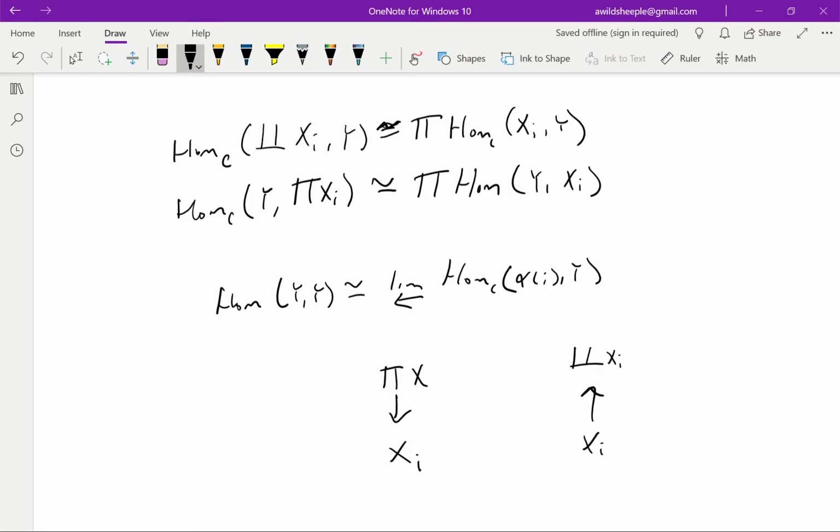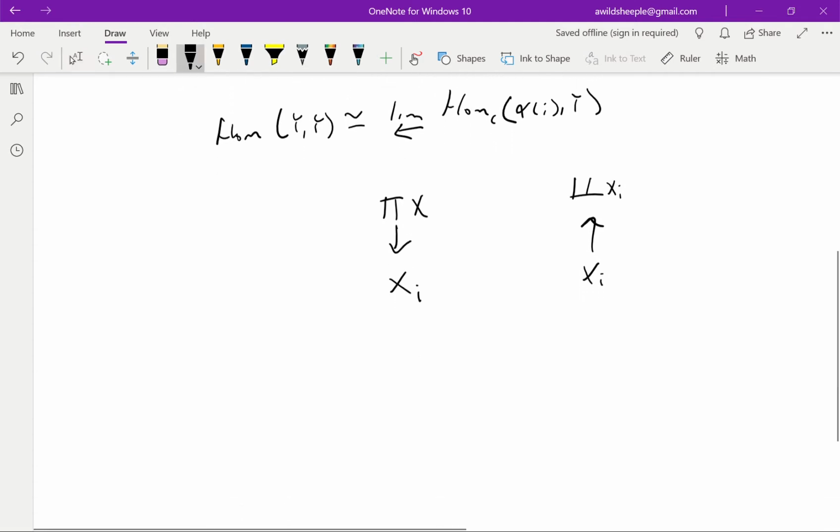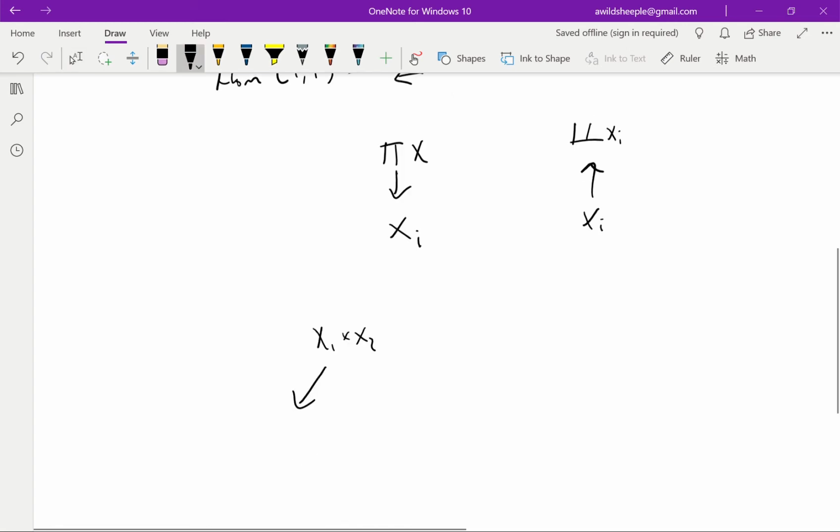And if this looks weird, just think about what happens in the two-object case when I is just 1 and 2 respectively. Then what we obtain is the product of two x's mapping down to their individual factors. Oftentimes we would name these by lowercase pi's. I guess these are usually denoted by other i's, but I've already used I, so I'm going to call this j subscript i.